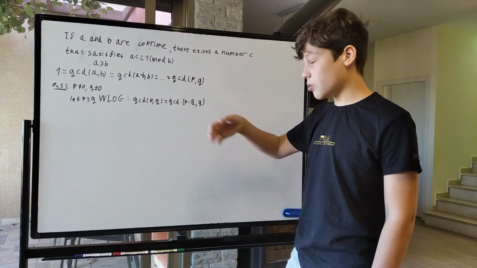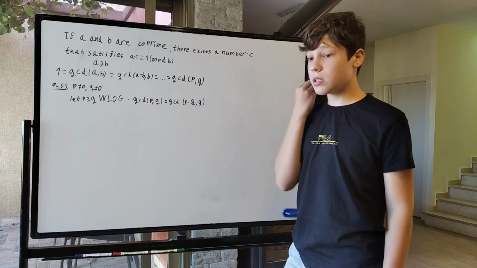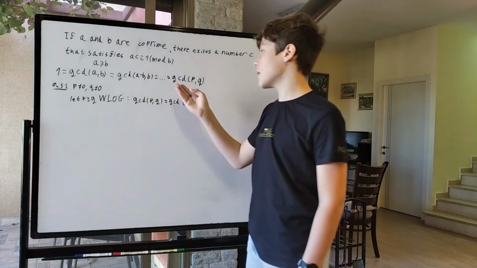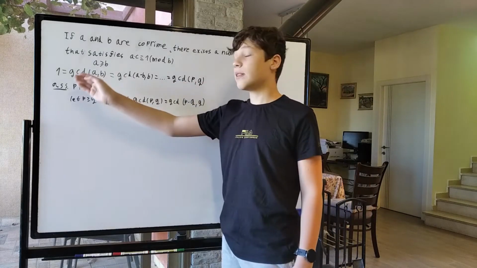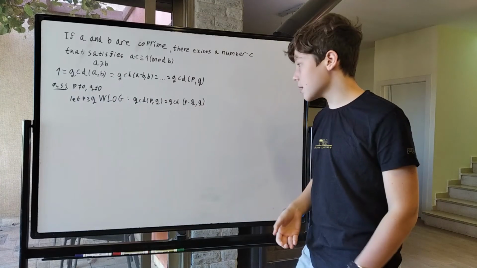So 0, 1, 2, and so on. Meaning that P and Q aren't the smallest numbers that satisfy this after repeating this algorithm several times.